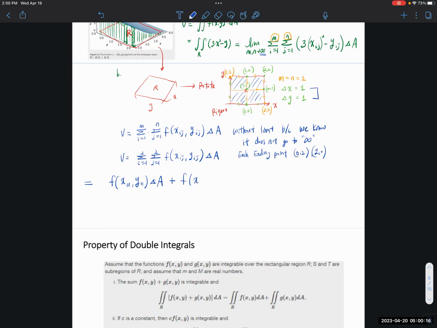What other combination? 1, 2, y_12, sorry, 1, 2 and delta A. And then what is the next one? x_21, y_21. And then the last one is 2, 2. We have only those 4 options because n and m are stopping at 2. So the last one, x_22, y_22 times delta A.